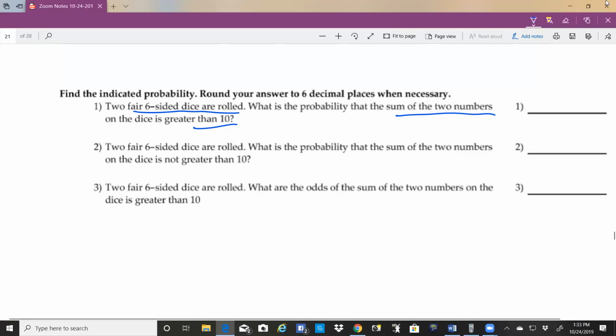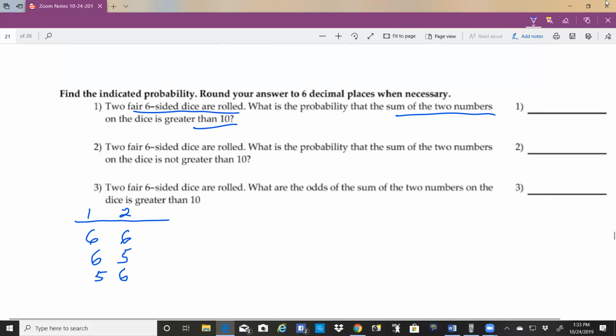So you've got dots from 1 to 6. You could have a 6 and a 6. You could have a 6 and a 5. You could have a 5 and a 6.